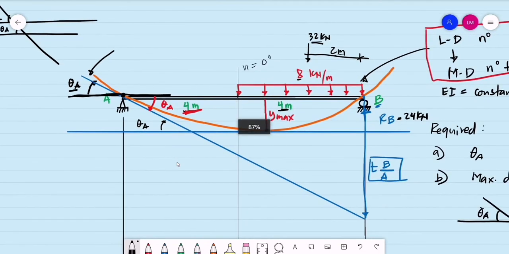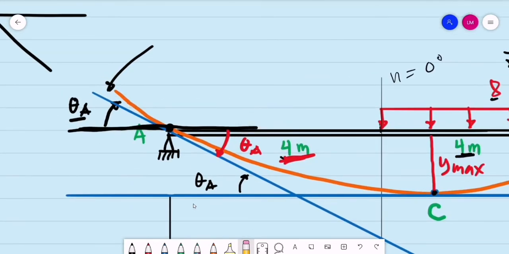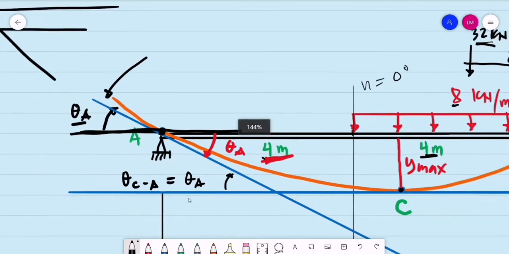Let's say this point, the location of the maximum deflection, will be point C. So that is theta sub A. The rotation at A is the same as the rotation, if you consider the tangent lines, from point C to point A. So these two angles will be equal.